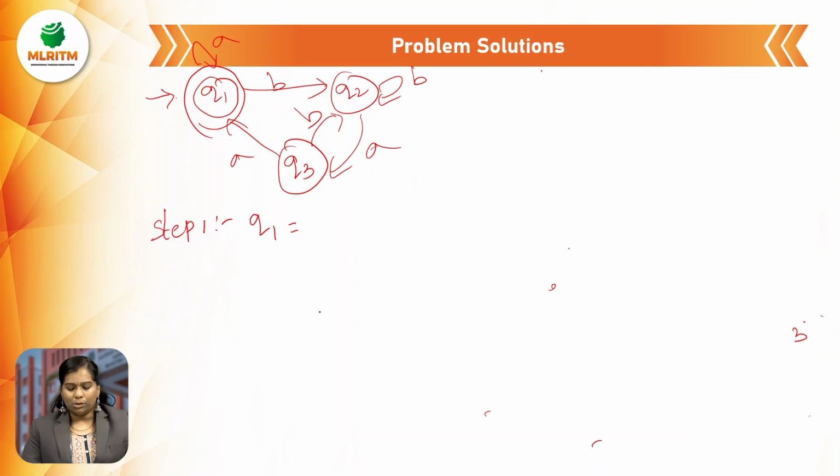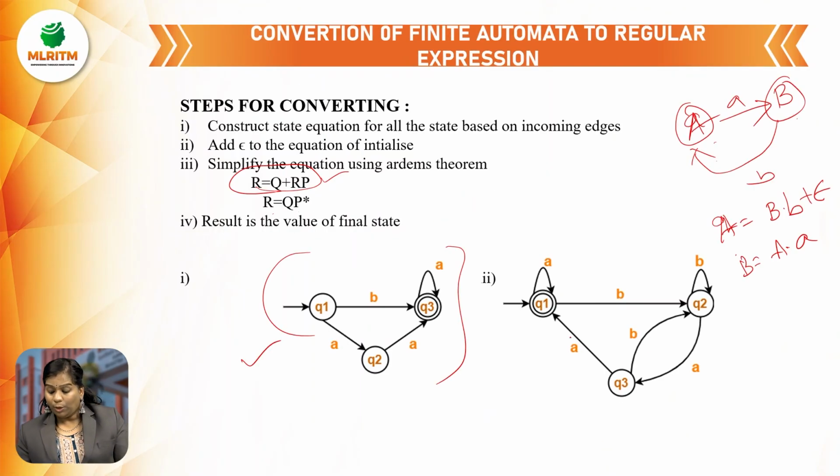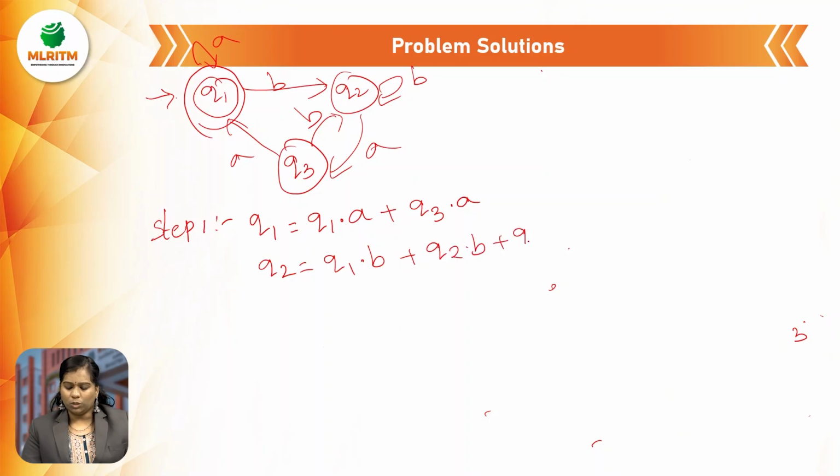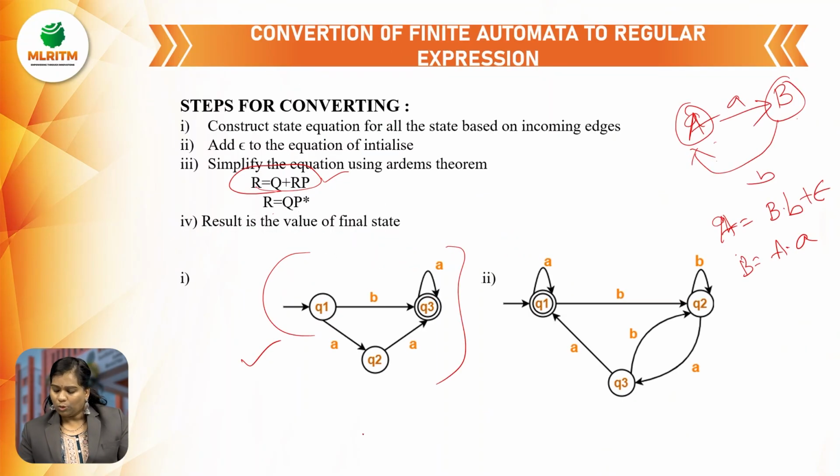Q1 is equal to Q1 dot A plus Q3 dot A. Next, Q2 is equal to Q1 dot B plus Q2 dot B plus Q3 dot B. Q3 is Q2 dot A.